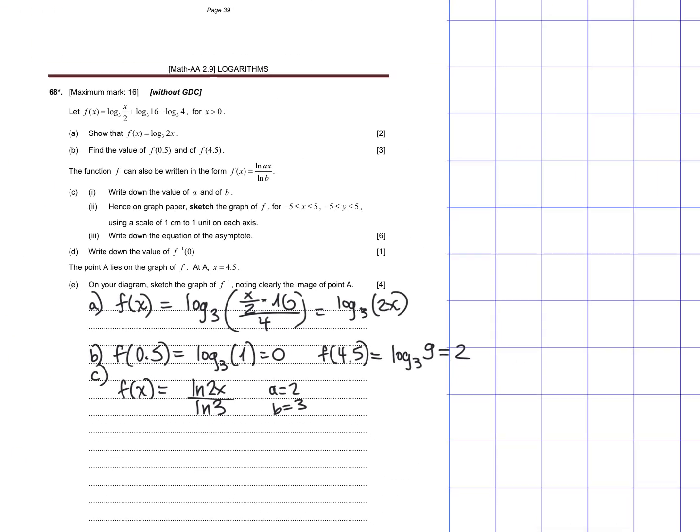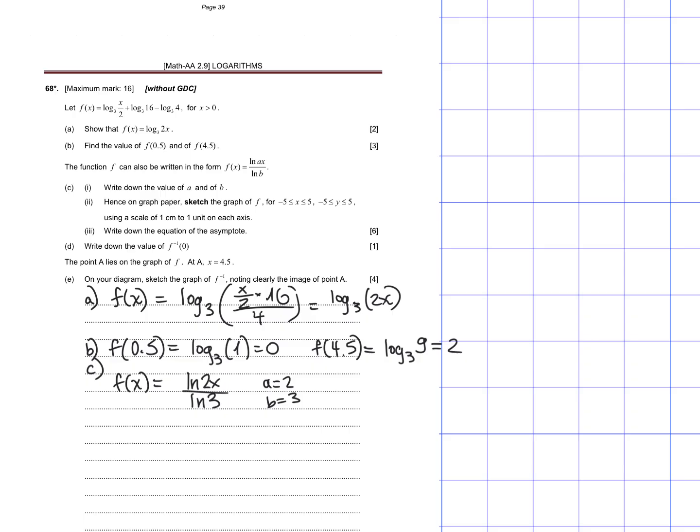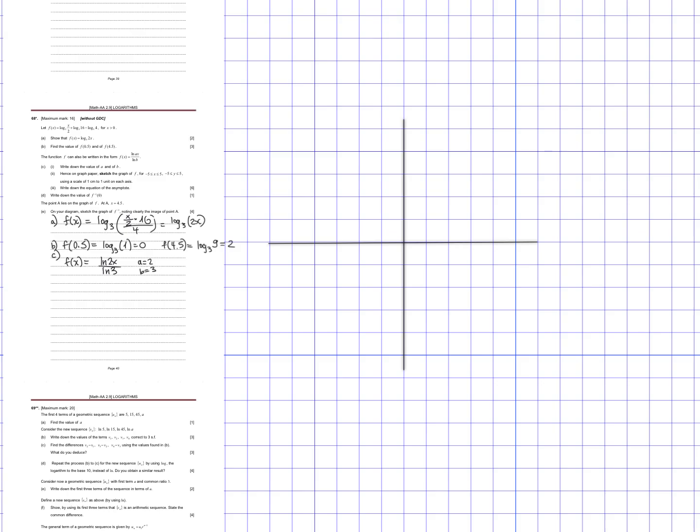Hence, on graph paper, sketch the graph of f for -5 to 5 on both. Okay, I'm not sure what they mean by hence from that natural log ax over natural log b, but I'm going to do it from a and b, and this x greater than 0 means we have an asymptote there.